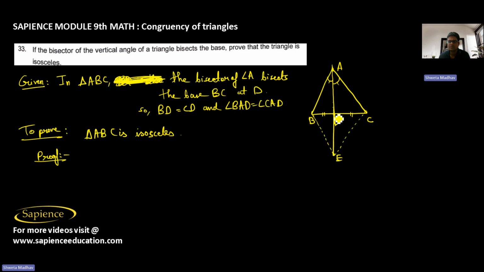We can also say this by doing this. So the diagonals bisect each other.